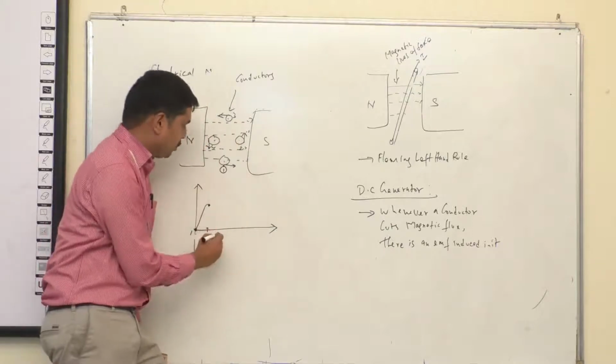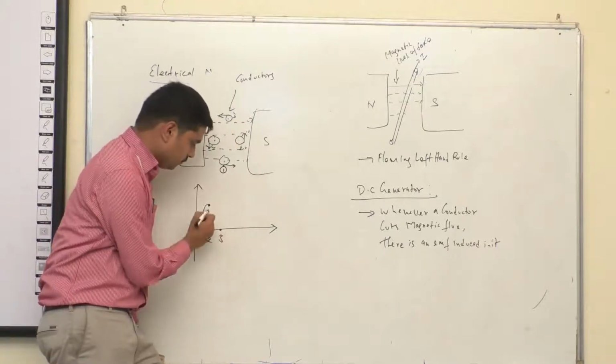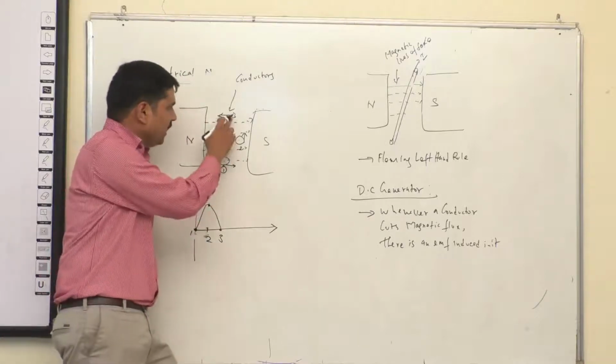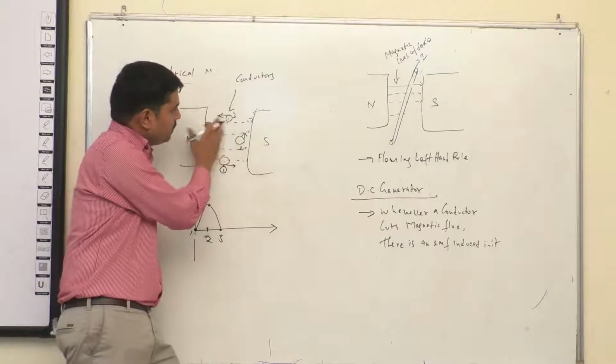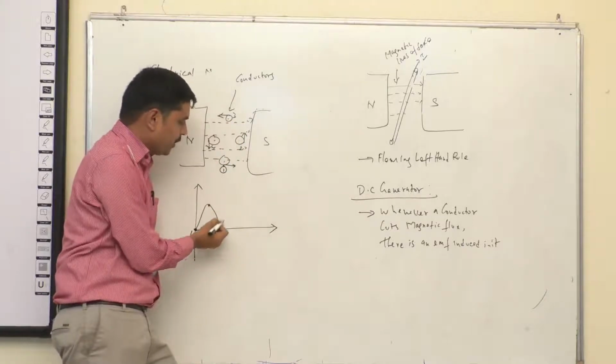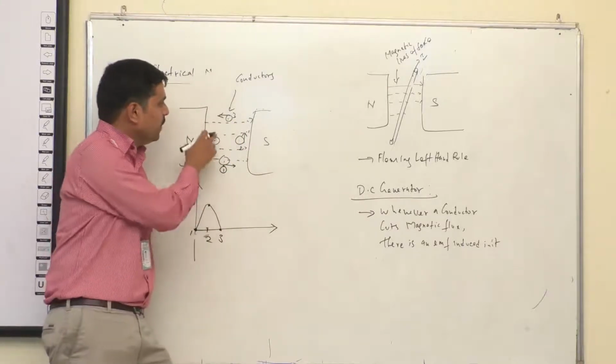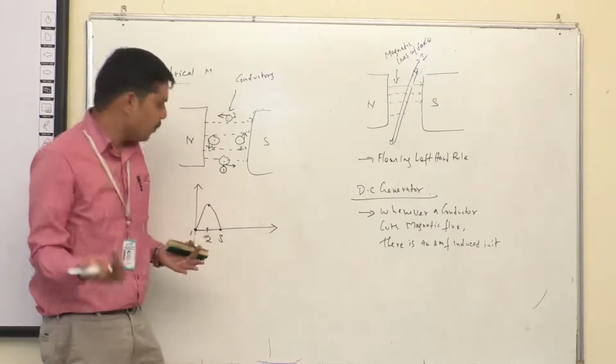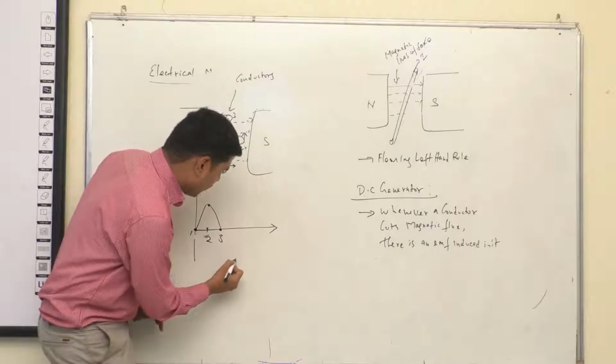Then the conductor at position 3 is exactly opposite to that one. Both are parallel, so again there is no flux cutting. Then when it comes to position 4, it is cutting in the opposite direction, so in the opposite direction it is maximum.